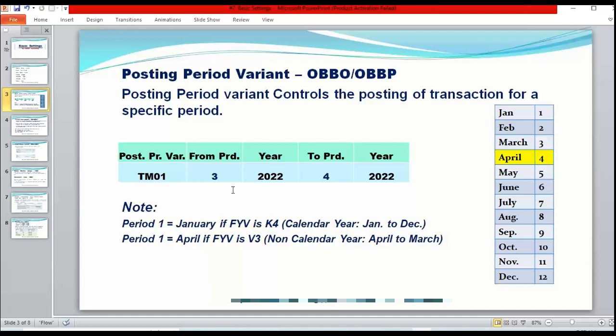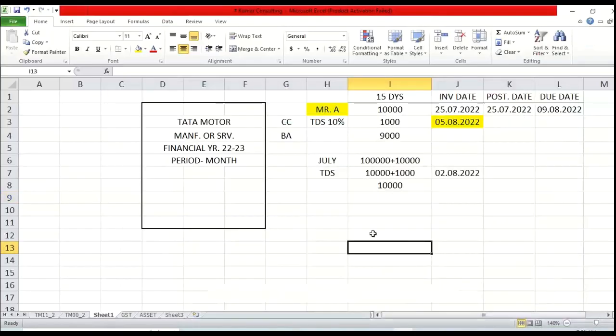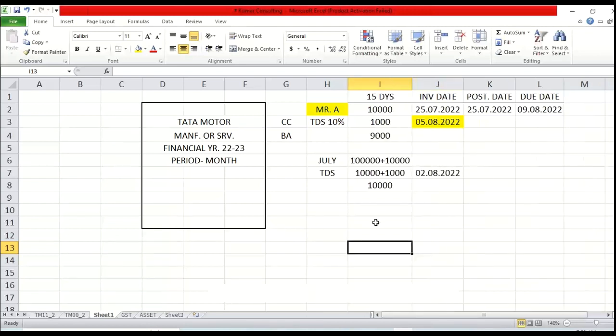What is this open and close the period, guys? Let's suppose we are going to set up one posting period variant. I'll tell you how it is going to be. A posting period variant is going to be set up.